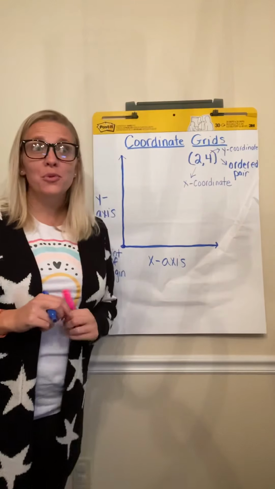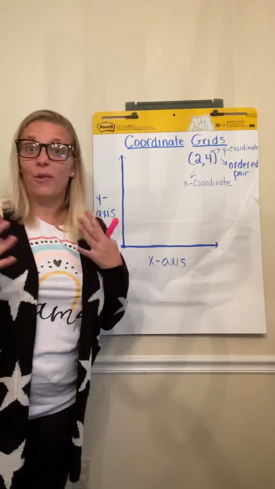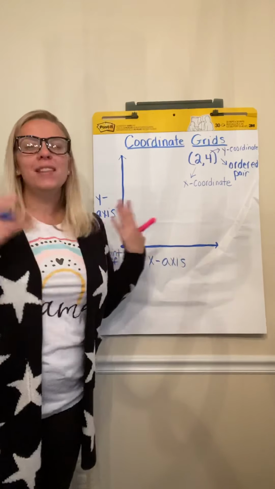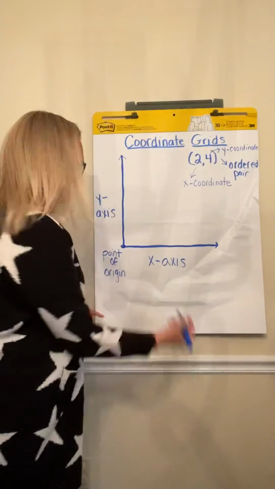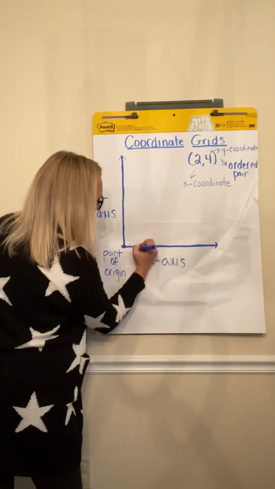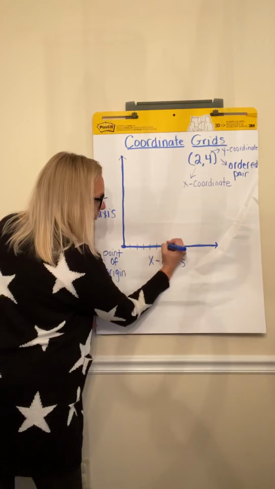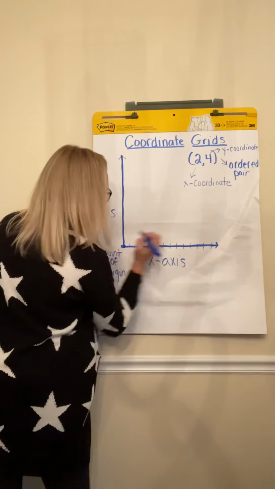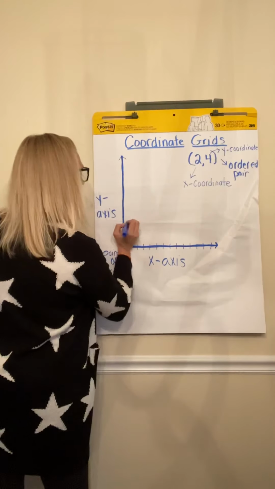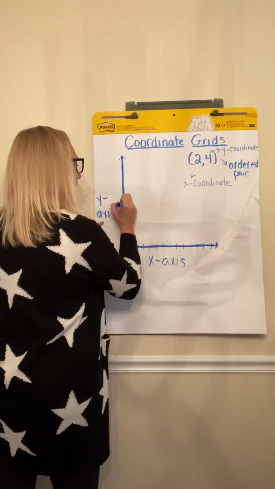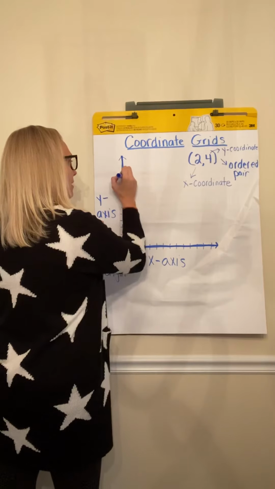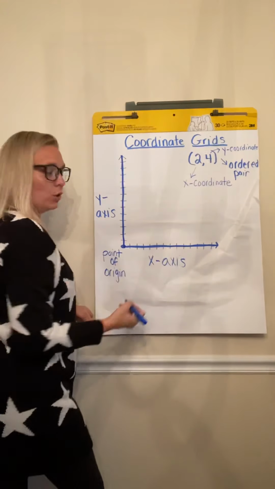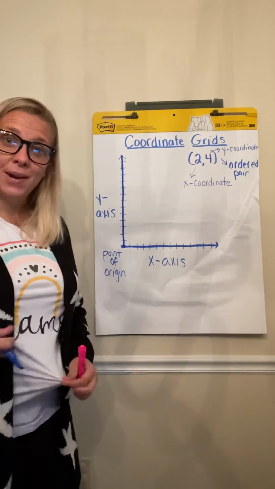Now, in order to appropriately move around on the coordinate grid, you need to think of it like a number line. So every little mark, and I have graph paper, so that helps me see things evenly spaced out, but every little mark on the x and y axis represents a number just like it would on a number line, okay?